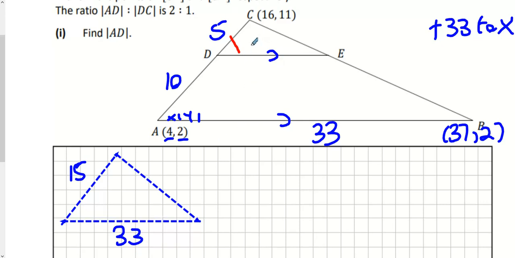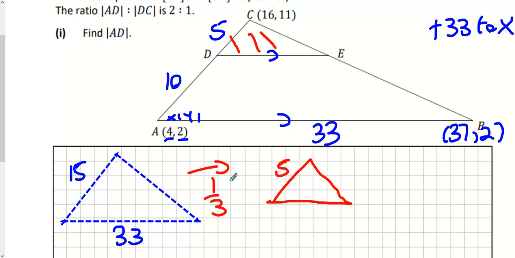And then we have the small red triangle, which has a length of 5. Now it's 1/3 of the size of the big triangle. So that means D to E is automatically 11, because D to E would be 11 across, since it's 1/3 of 33.